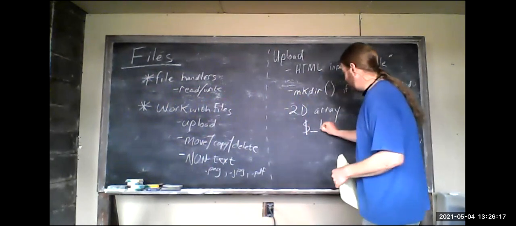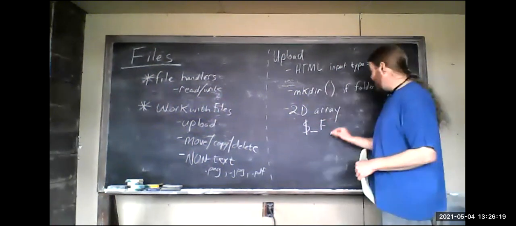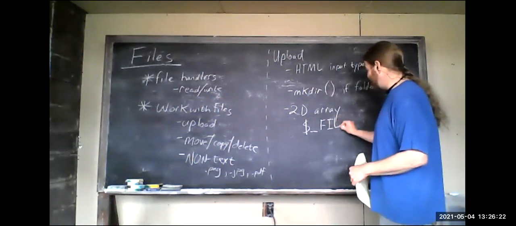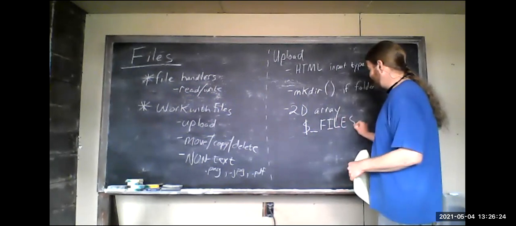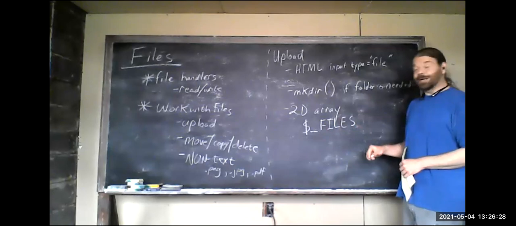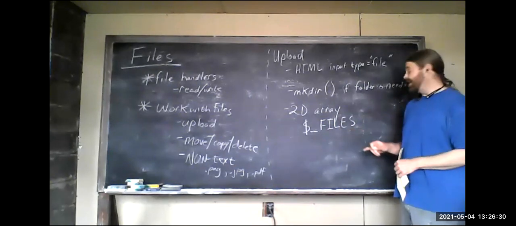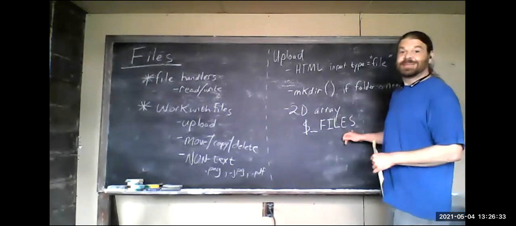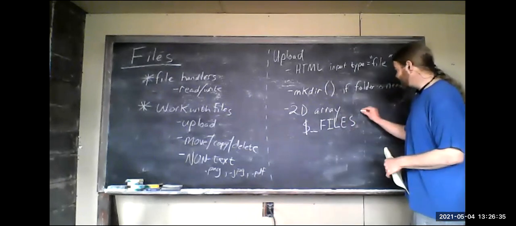You could probably almost guess the name of it right now if you haven't seen it. It's $_FILES. The only thing that would probably stop you from guessing that is the S at the end. Those built-in arrays, sometimes they have S's, sometimes they don't.